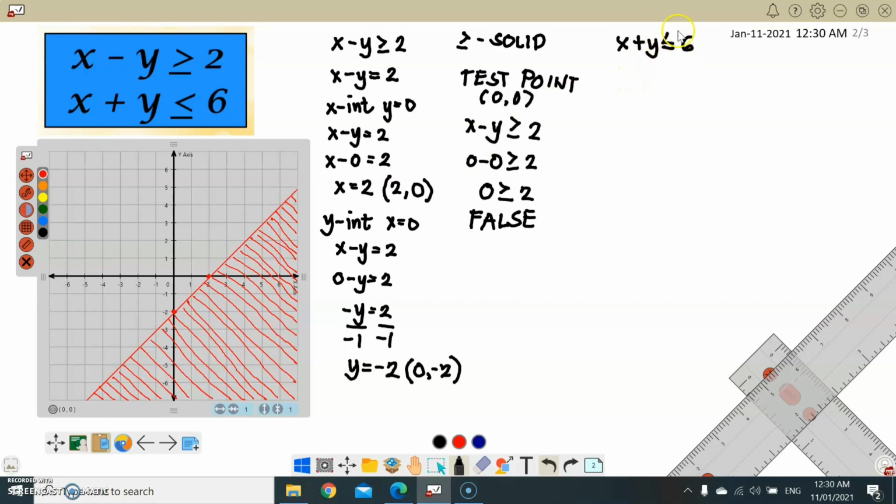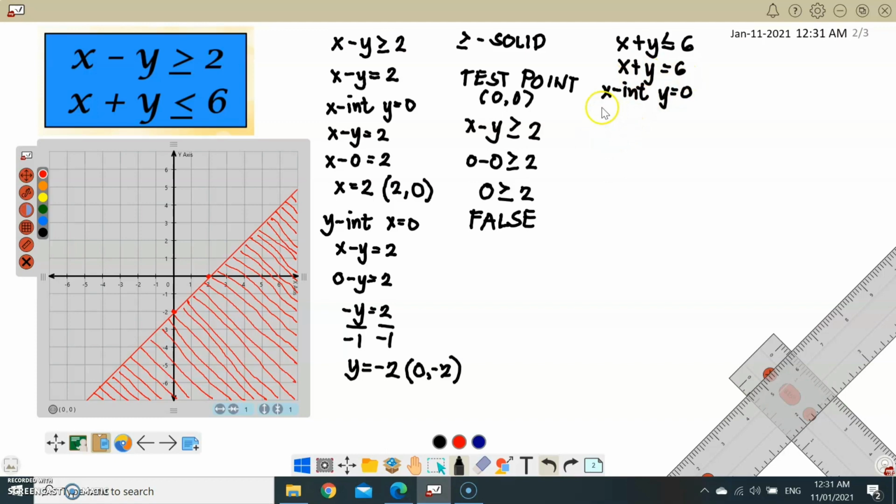We need to change first the inequality symbol to an equal sign for us to have an equation, which is x plus y equals 6. In graphing this one, we are going to use the x and y intercepts. First, we find the x-intercept by letting y be equal to 0.